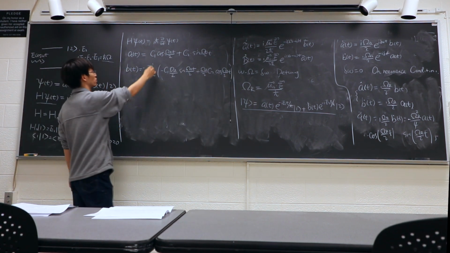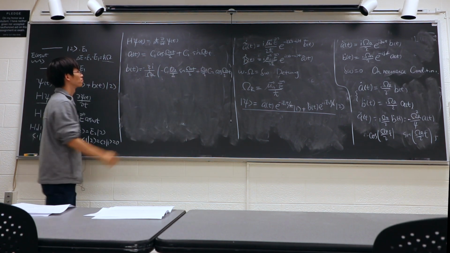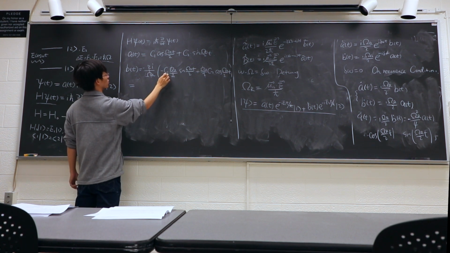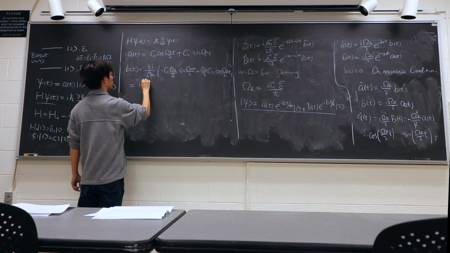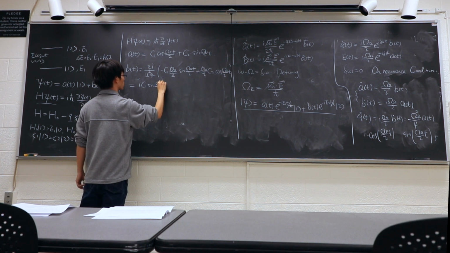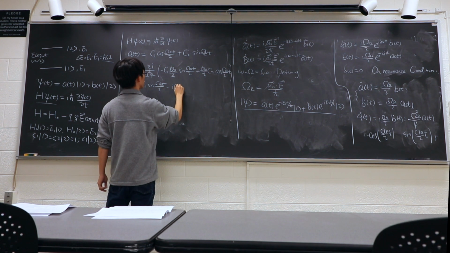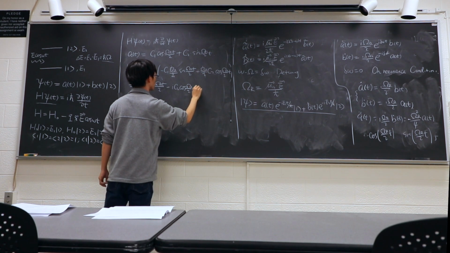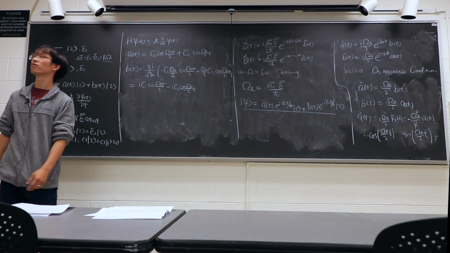Okay, you cancel this, right? And then it gives you i C1 sine minus i C2 cosine. Okay, so you now get the solution of A and B.